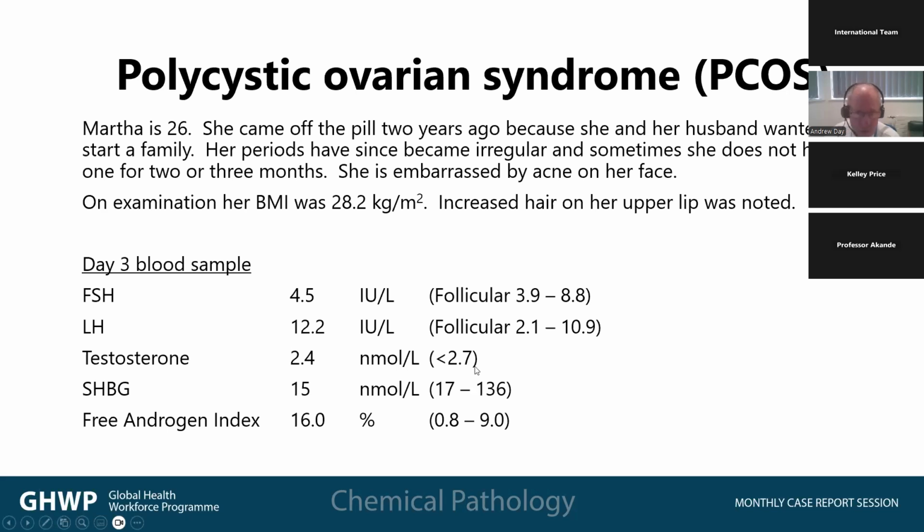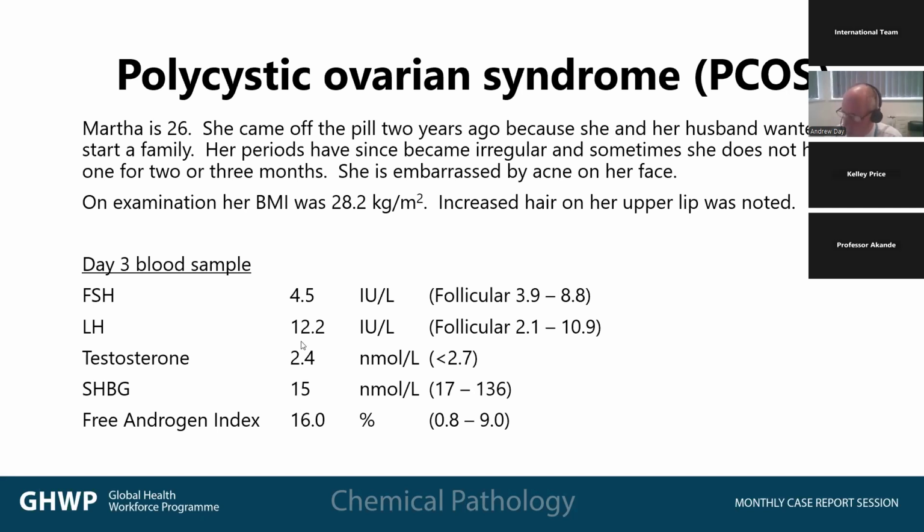That would be the reference range for our current Beckman assay that we have here in Bristol. But she has a low sex hormone binding globulin, with the result that her free androgen index, a marker of her free testosterone status, is significantly raised.